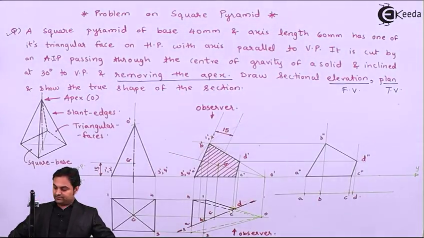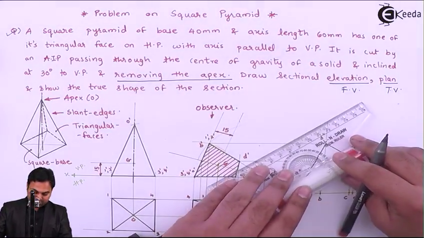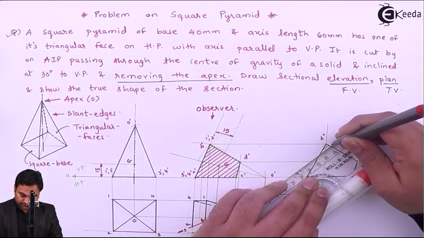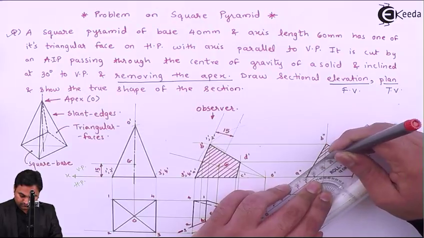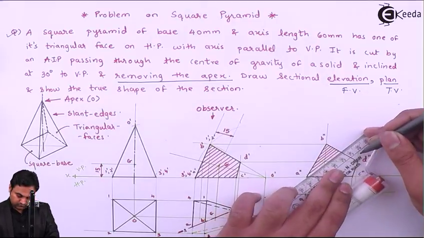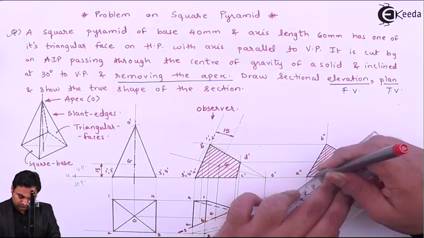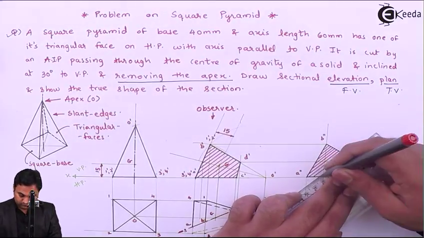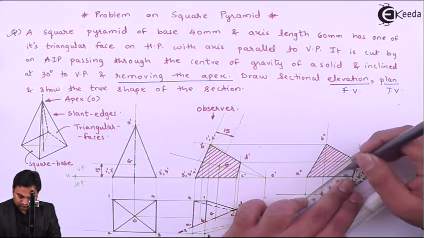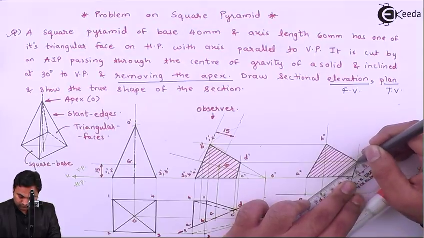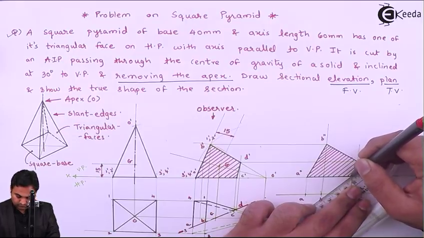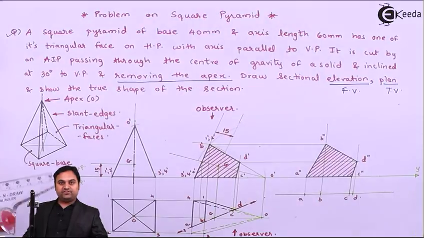then drawing the section lines over this cut section. So this is the true shape of the section.